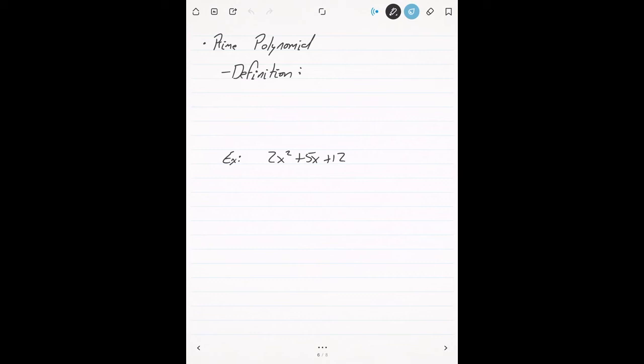This is a topic that you might discover as you work through different polynomials, whether it be in just a factoring unit or when we start using polynomials for things like rational expressions or radical expressions, etc. A prime polynomial we are going to define as a polynomial with factors of only 1 and itself.